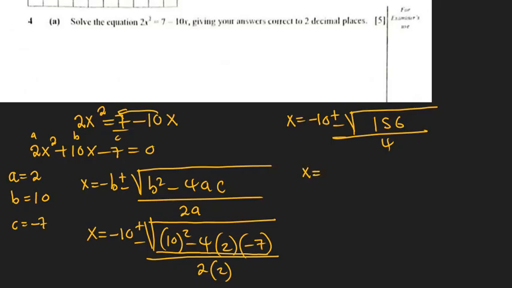So this is going to be negative 10 plus or minus. Then when you punch everything, you find the square root.